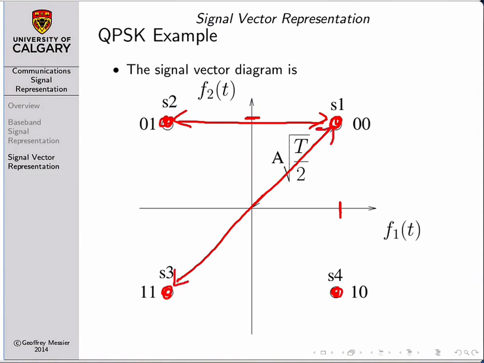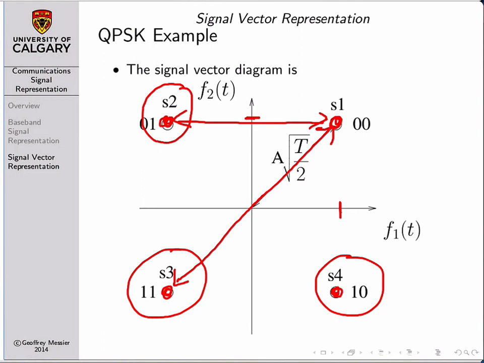And that means that in a noisy environment, if we transmit signal S1, we're more likely to mistake S1 for S2 or S4 than we are to confuse S1 with signal S3, because it's a greater distance apart, which means that it looks different. And so that's all I want to say at this point for signal vector representation. But as I said, once we get into the linear modulation section, you're going to be seeing this notation a lot more. We're going to be using it basically constantly from now on.